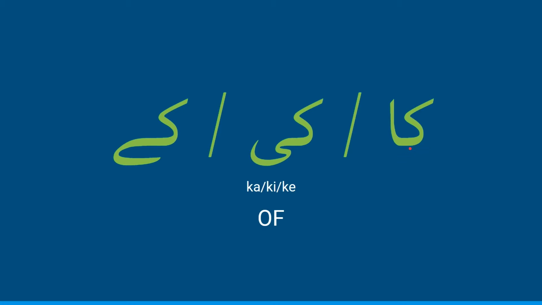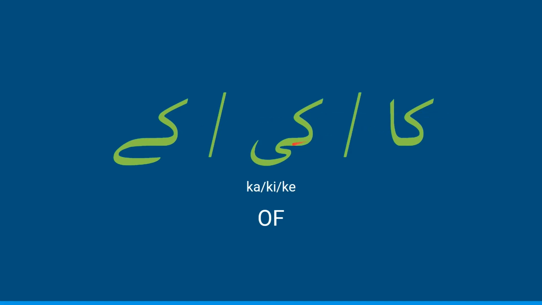So you'll see this happens a lot in Urdu, that words change depending on the subject. For example, ka, the first word, is used for a singular masculine subject. Don't worry about the form for now. Just pay attention to how ka, ki, ke share the same feature, this k sound in the beginning.